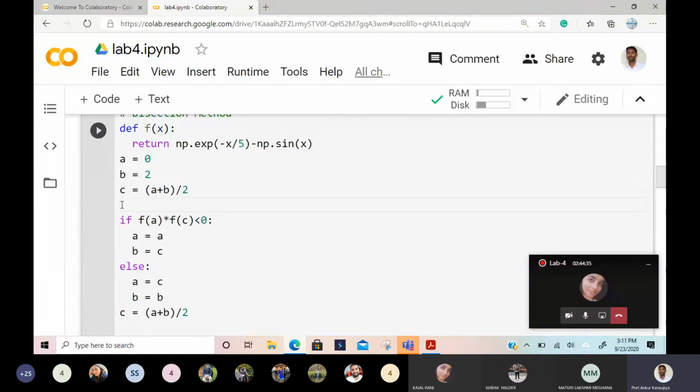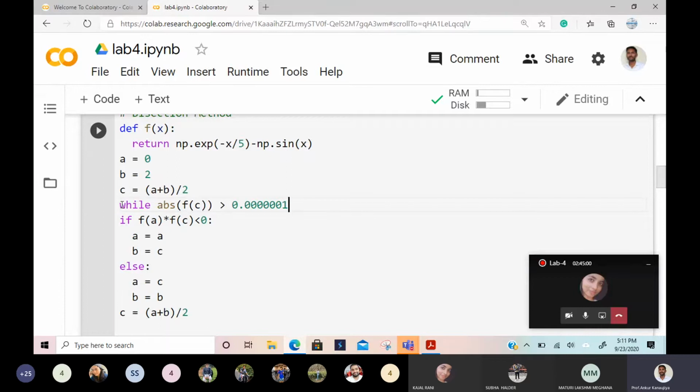Which loop will I use? We have to repeat the same thing, so a while loop. I will write while abs of f(c), ABS meaning absolute value, is greater than 10 to the power minus 7.